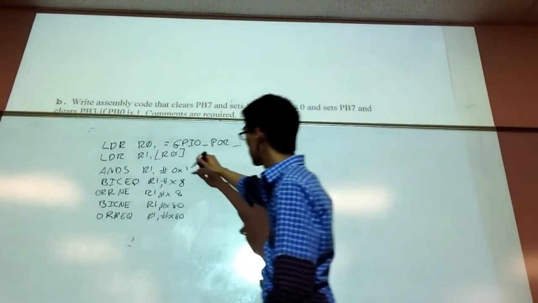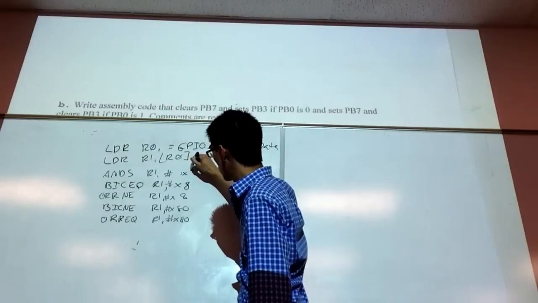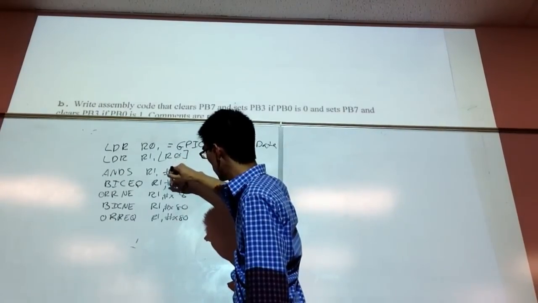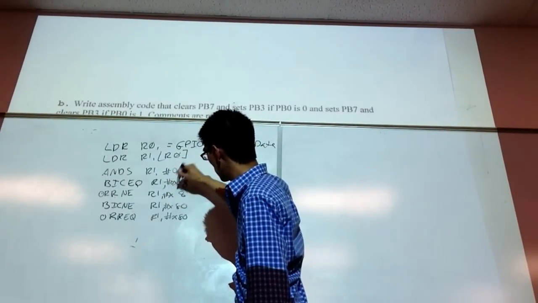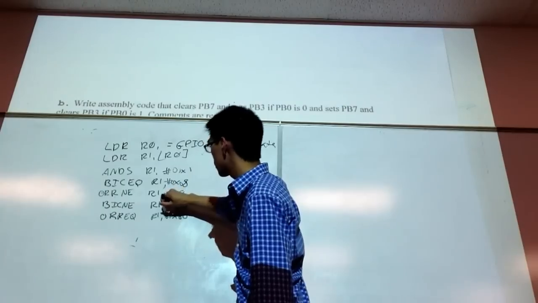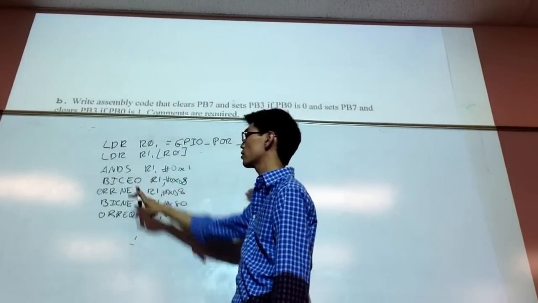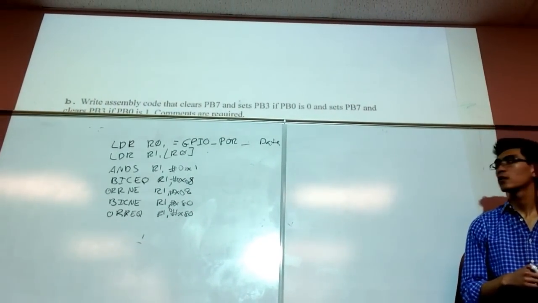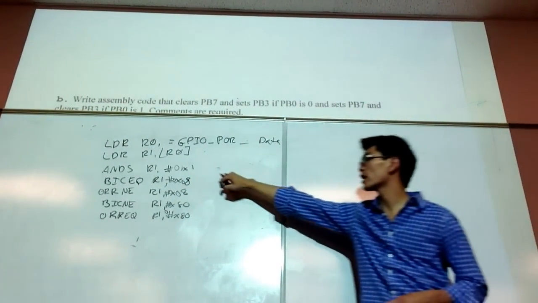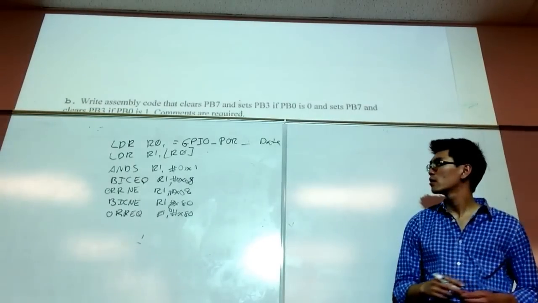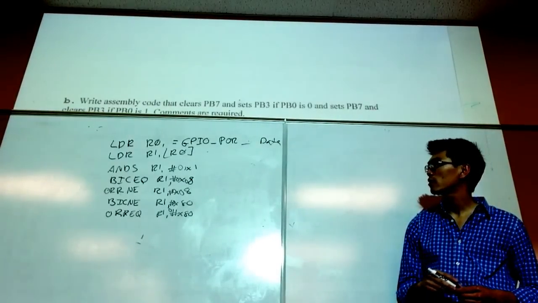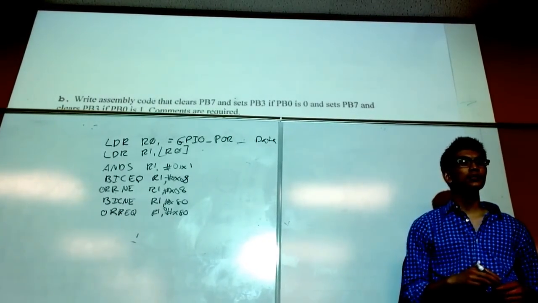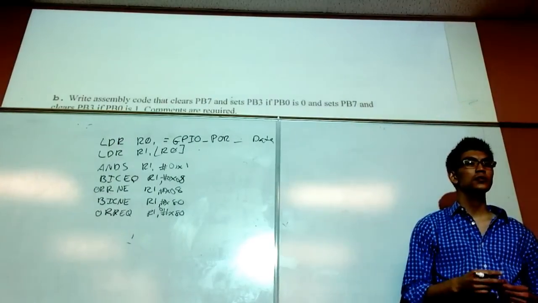What's that third instruction? The third instruction, this one, BICEQ. Oh, and S. It's an and S, so it's an and that sets condition codes.